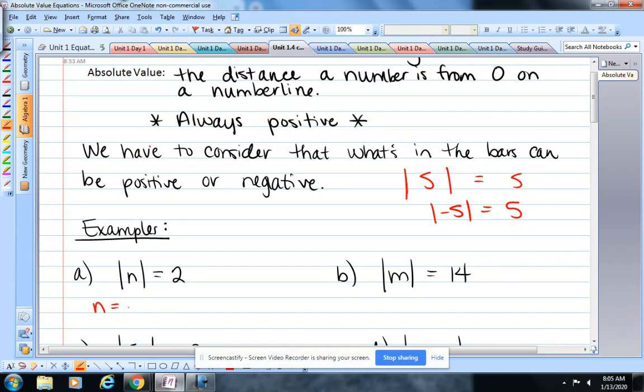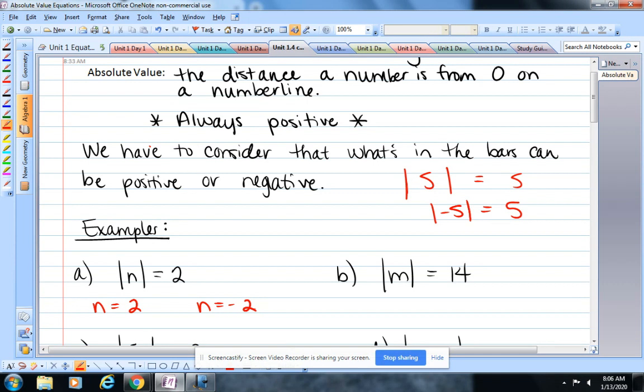You say n equals positive 2 or n equals negative 2, because the absolute value of both of them is going to be positive 2. Right? So whatever's in the bars, we have to consider it being positive or negative. So this is basically saying the absolute value of what number equals 2. There's 2 solutions. It could possibly be positive 2 or it could be negative 2.